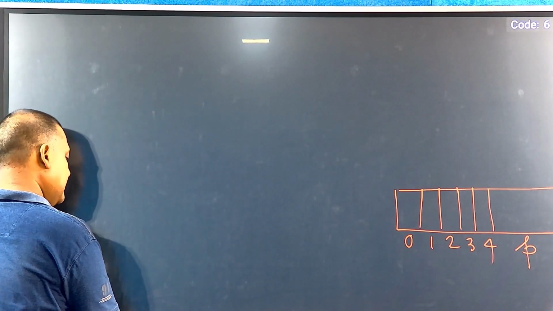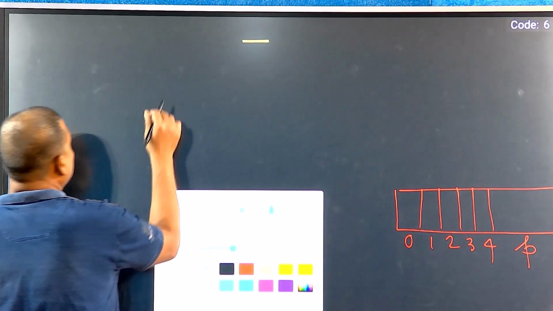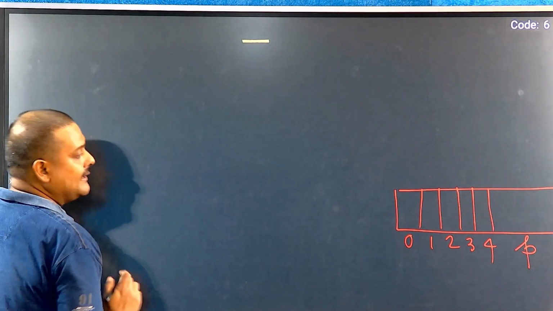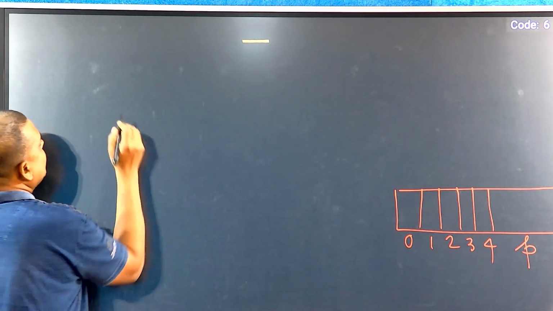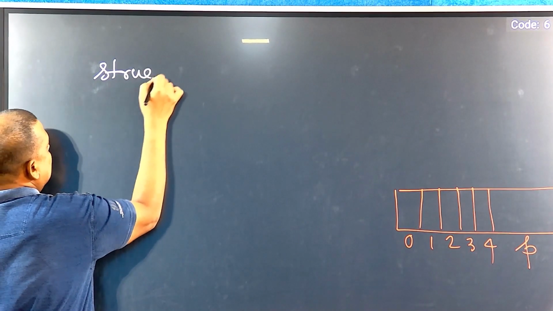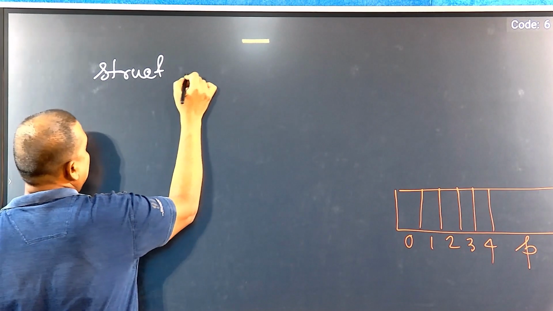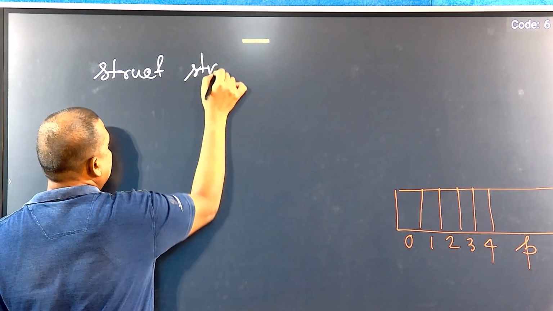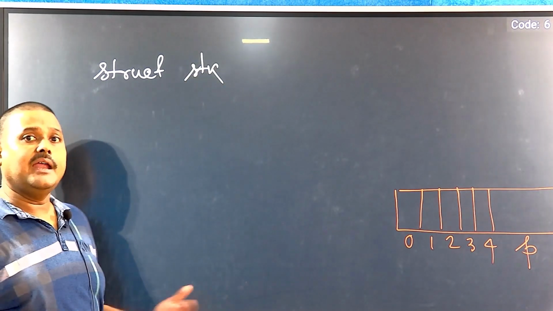Now, we are going to design some template. How will we design this particular template? We will use struct. Struct is a keyword. We give it some name, say for example STK. You can provide any name.